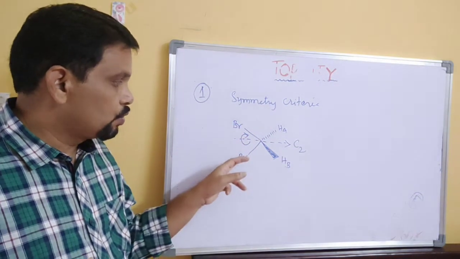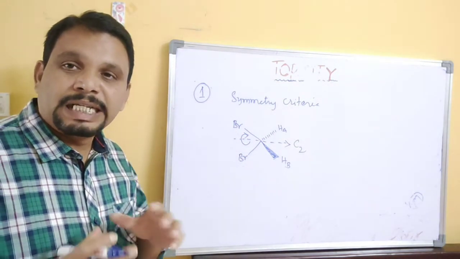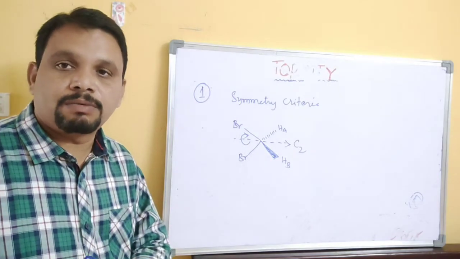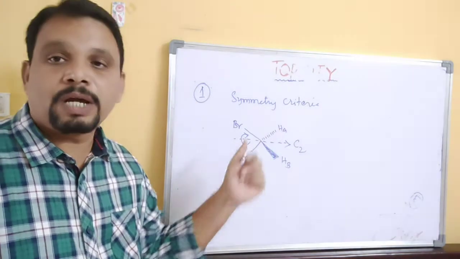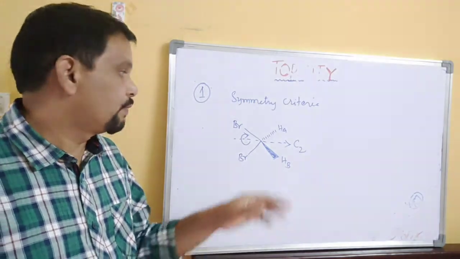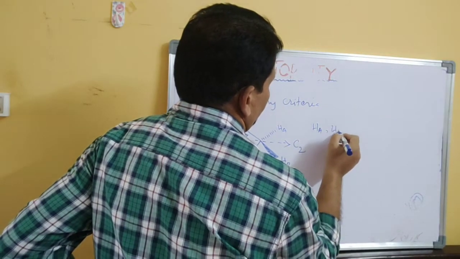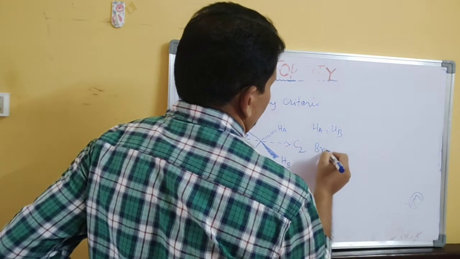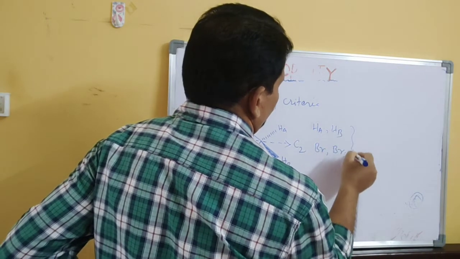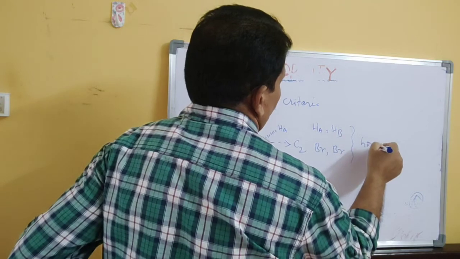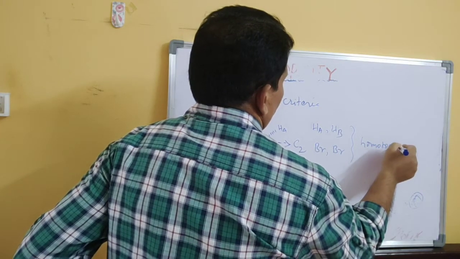Even these two bromine atoms are also interchangeable and interconvertible with this C2 axis of symmetry. Therefore, HA and HB and also the two bromines are homotopic units.